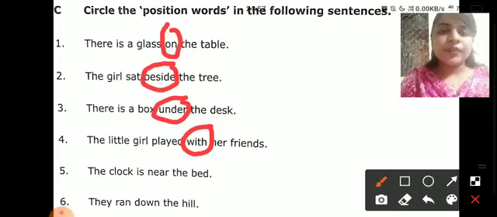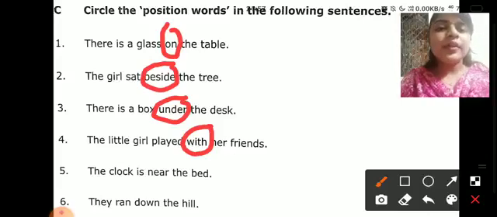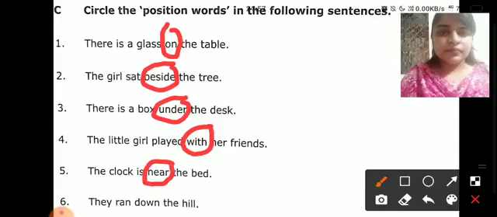Number 5. The clock is near the bed. In the sentence, what is the position word? Near. Circle the word near. Number 6. They ran down the hill.